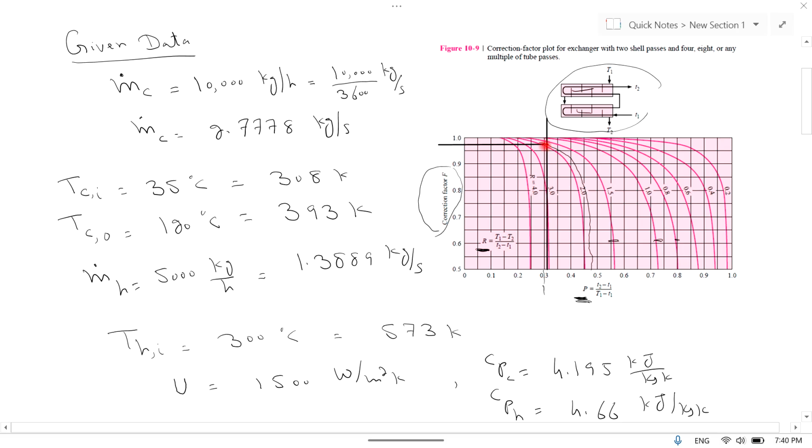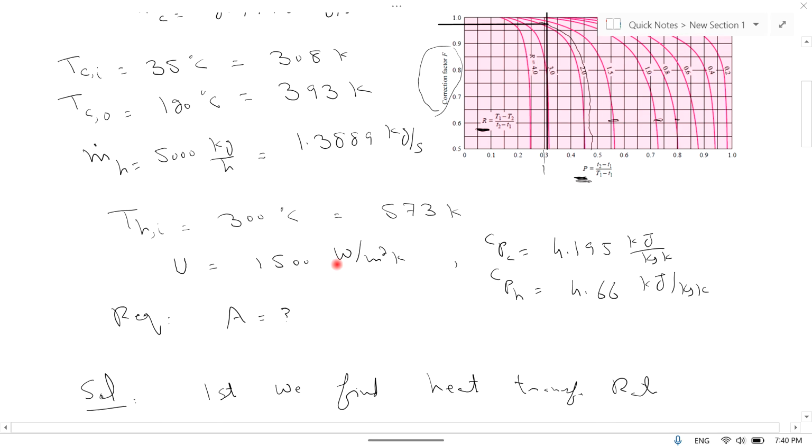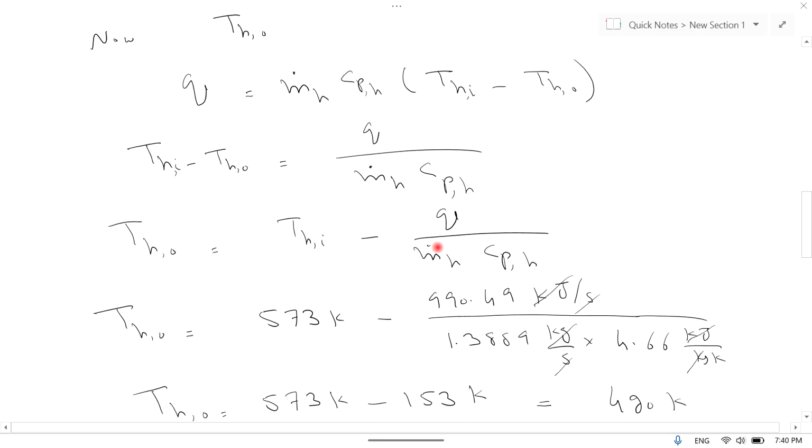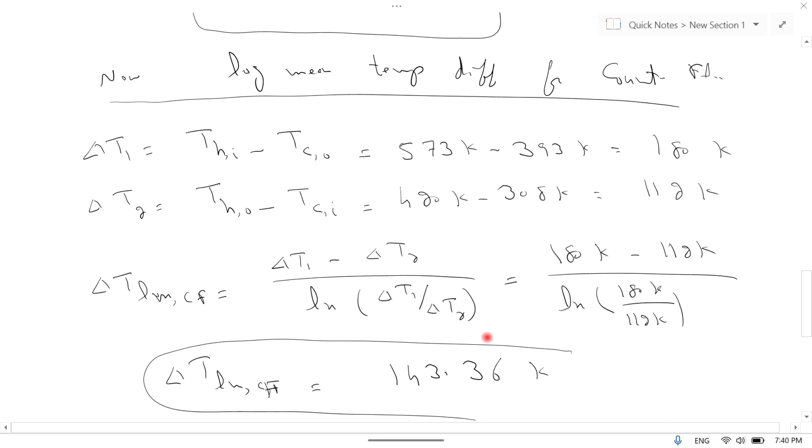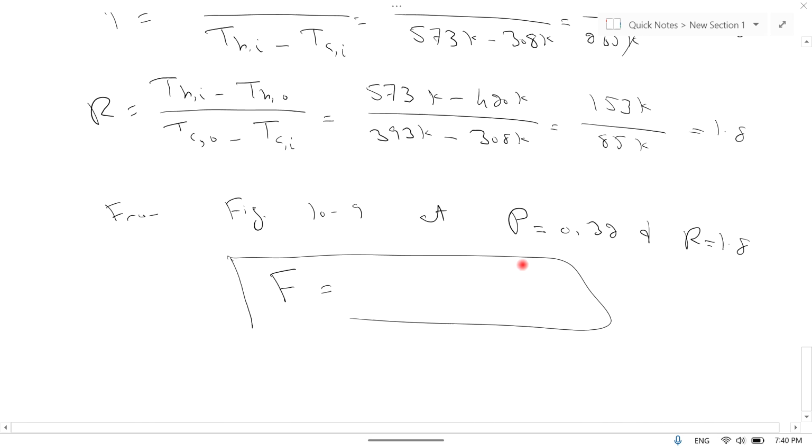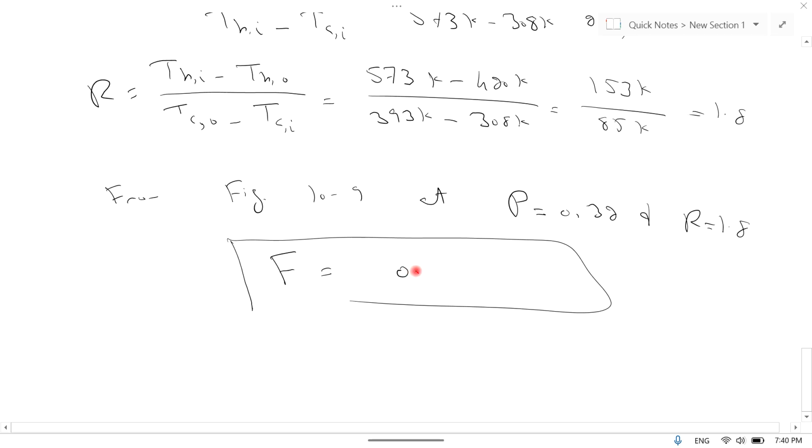Now draw a straight horizontal line up to correction factor. So correction factor is between more than 0.95 and less than 1. It means this is almost equal to 0.97.